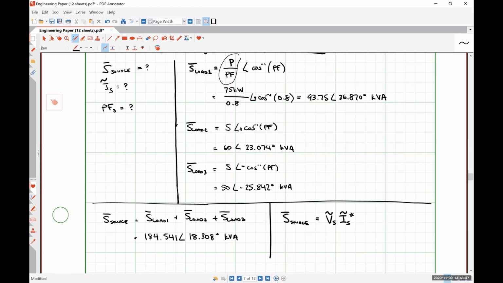So what do we need to do? We know Vs, we know S source. We just have to do algebra at this point, right?